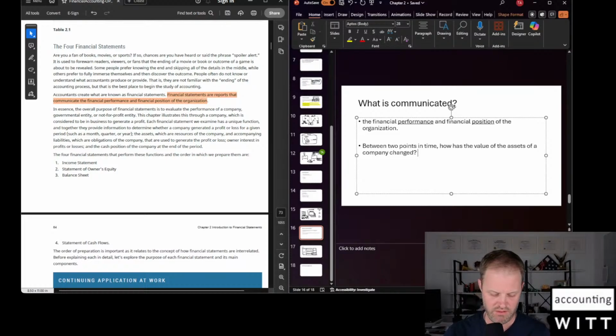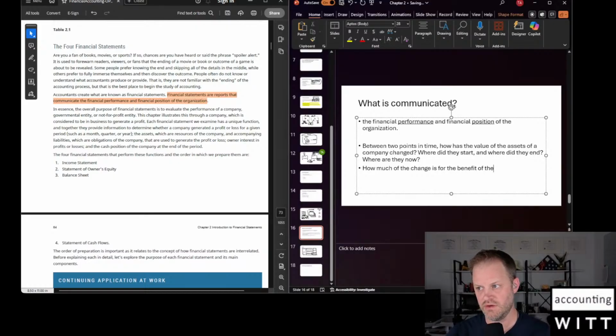Meaning, where did they start and where did they end? Where are they now? And then, how much of the change is for the benefit of the owners? That's what financial statements are telling you.